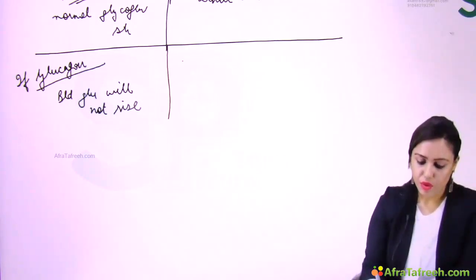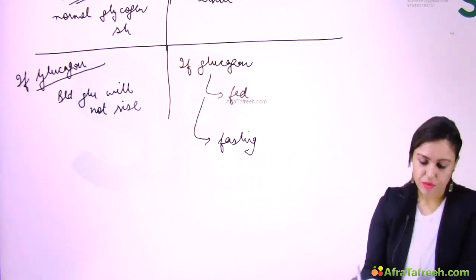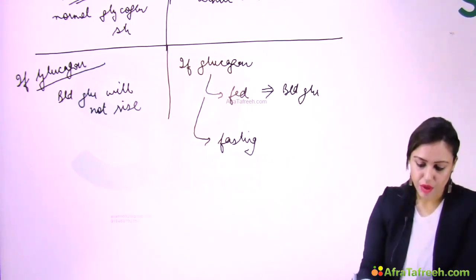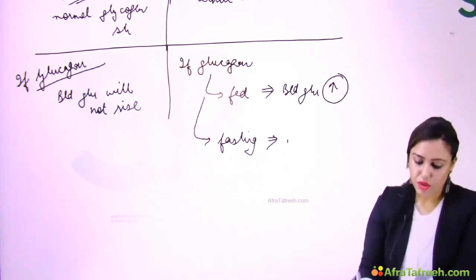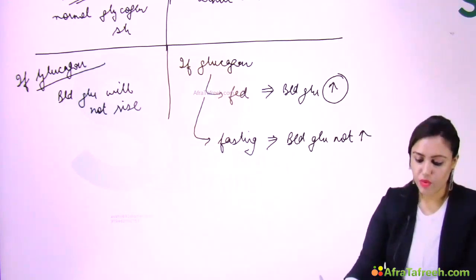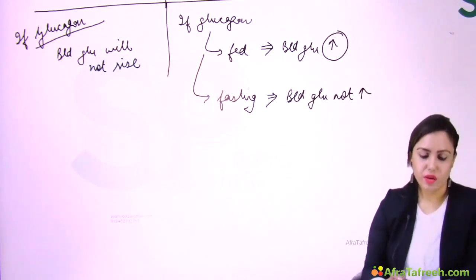But in type 3 patients, the hormone glucagon can be given in fed state and in fasting state. If it is given in fed state, then blood glucose will be increased. But if it is given in fasting state, then blood glucose will not be increased, right? So these are the differences between type 1 and type 3, and you can distinguish the two in questions which are frequently asked.